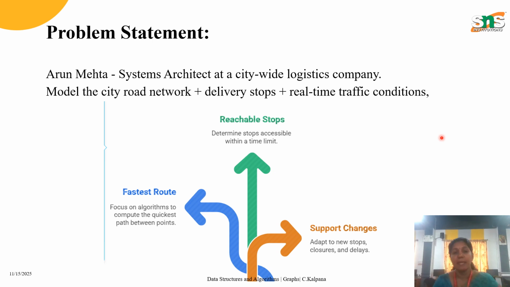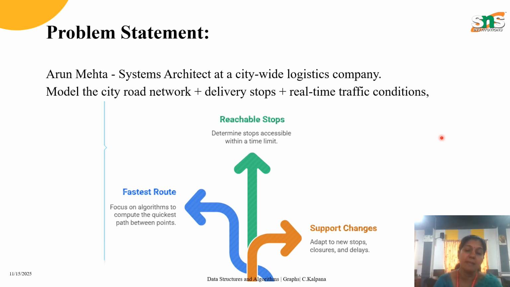And let's begin with the problem statement. Arun Mehta, he's a system architect at a logistic company, but he needs to model a road network, a city road network, to analyze the traffic condition, real-time traffic condition, and he needs to have the delivery stops because he's dealing with the logistic company.